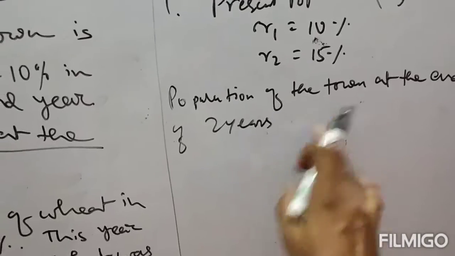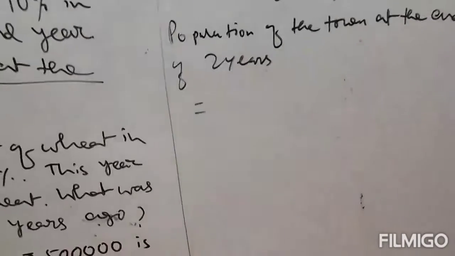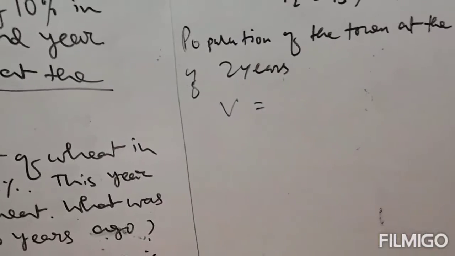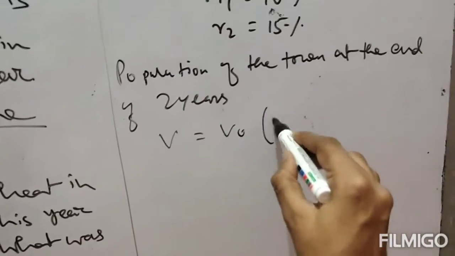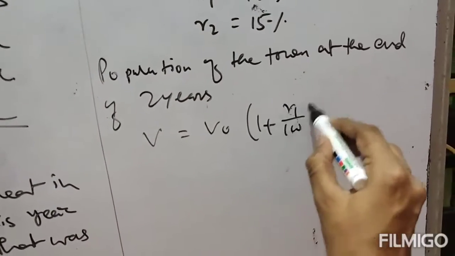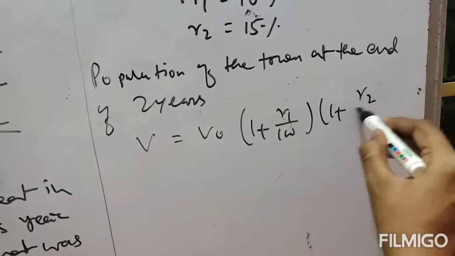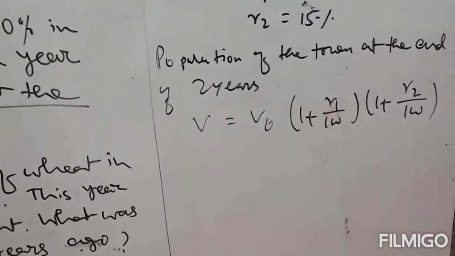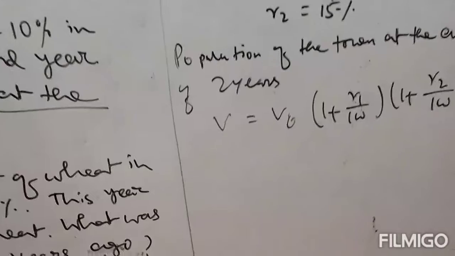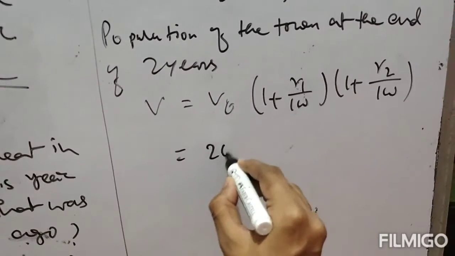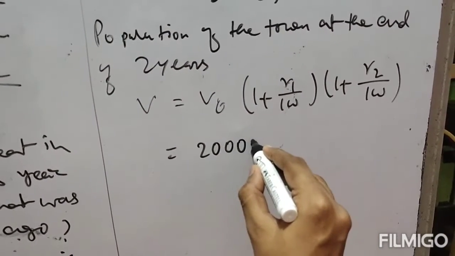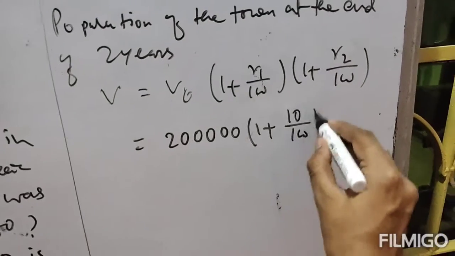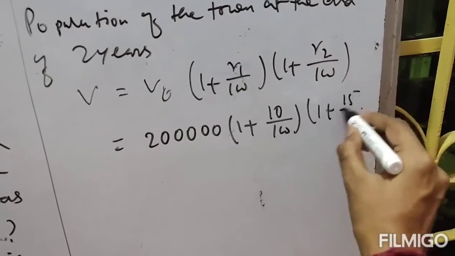So the formula is V equals V0 times (1 plus R1 by 100) times (1 plus R2 by 100). V0 is given as 2 lakh, this is the present population. R1 is given as 10 and R2 is given as 15.